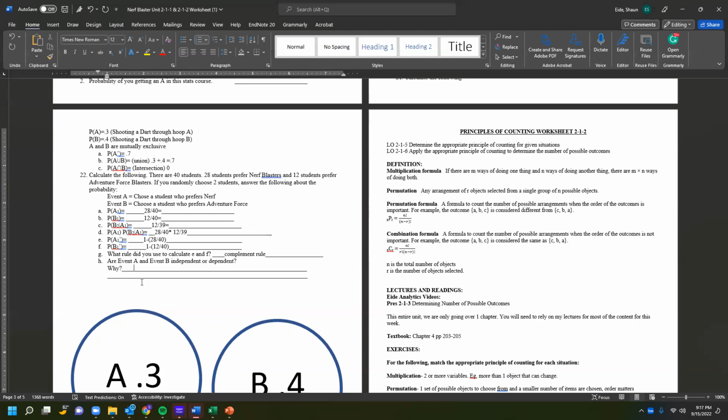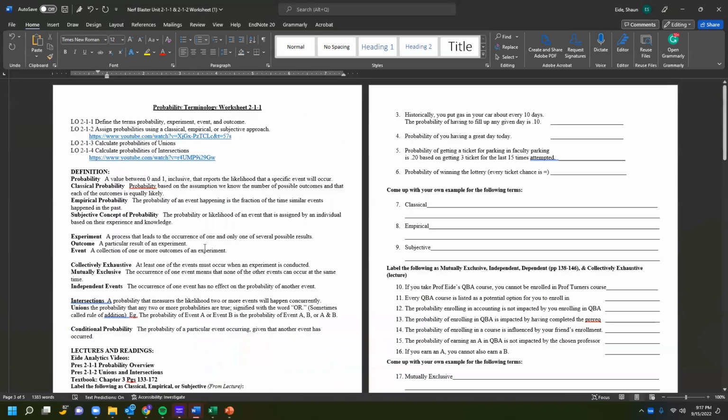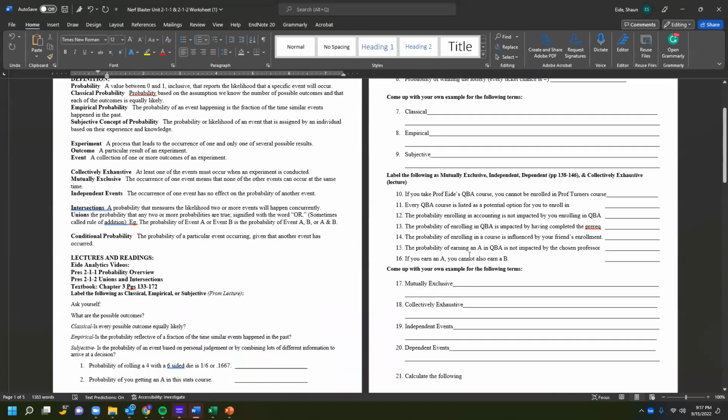Well, if event A does occur, it does change the probability of event B. So the events are dependent. And that's how you do that. There's much more on this part in the other video that I showed you, so just be aware of that.